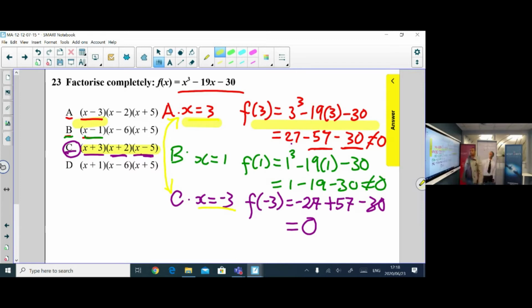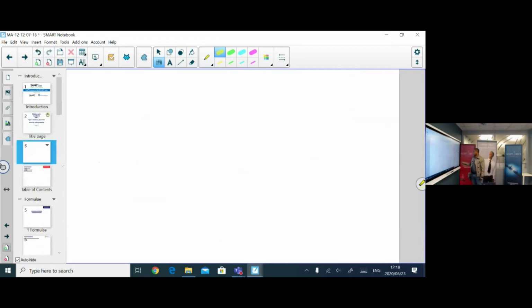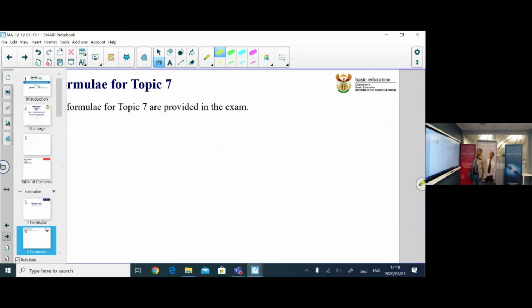So as we proceed today, we are going to be looking at more reinforcement of these different aspects that we've learned, making sure that we use them in an exam setup and in combination with other situations.